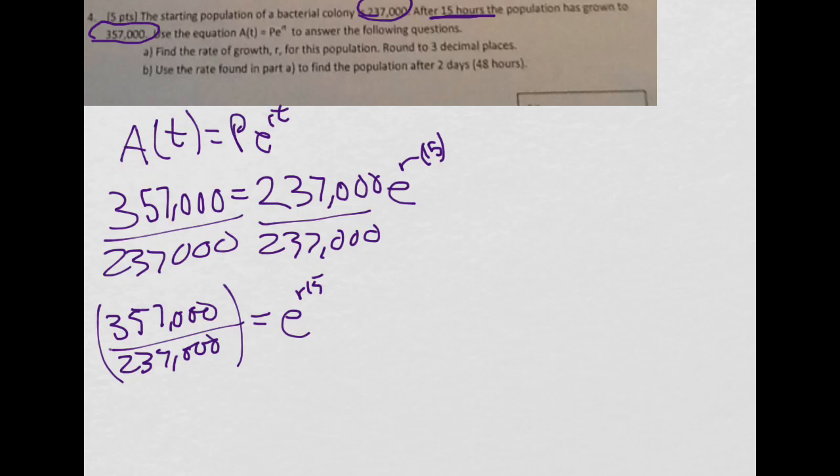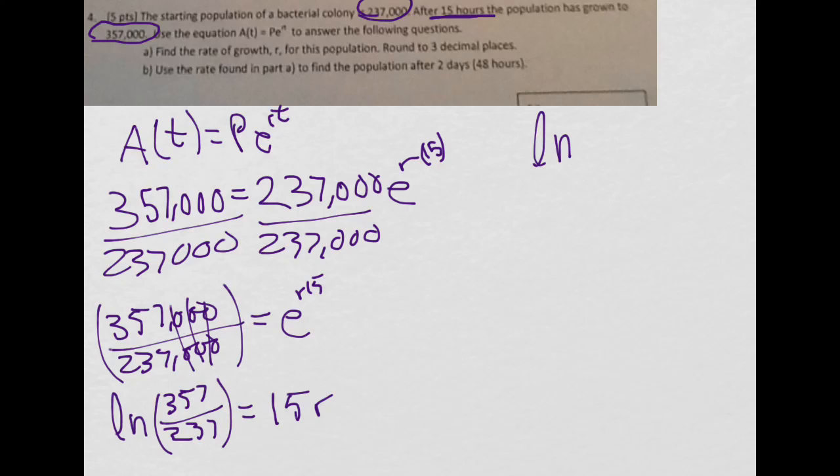Now, to get that exponent down, we have to take the natural log of both sides. So, take the ln of that fraction, 357 over 237. Notice all those zeros are going to cancel out. That's nice because power is a 10 in the numerator and denominator. That is going to equal 15r because, side note, ln of e is 1.